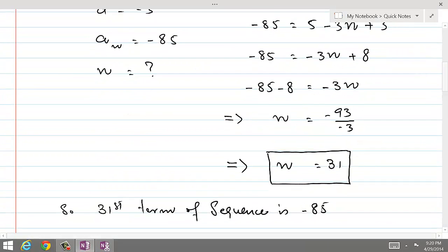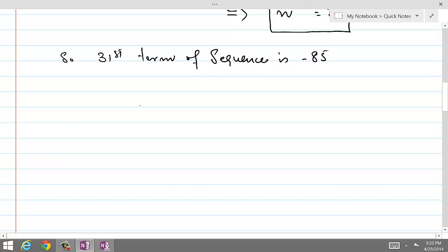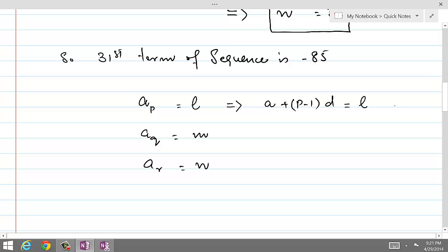So the pth term of the AP is equal to L, the qth term is M, and the rth term is N. If the pth term is equal to L, it means A plus P minus 1 into D is equal to L. Let's call this equation 1.